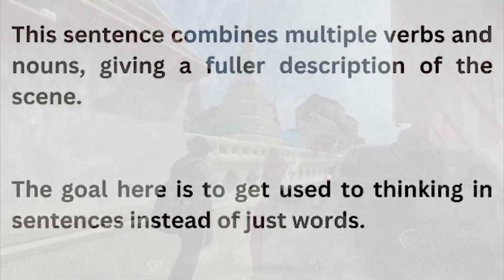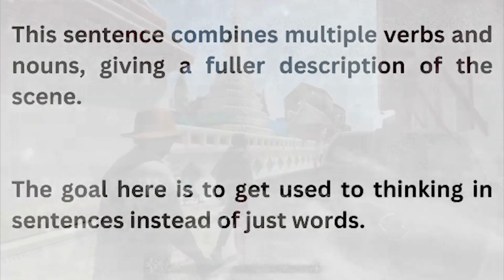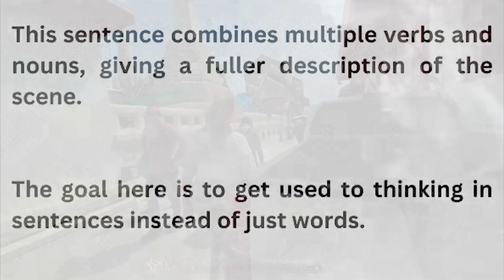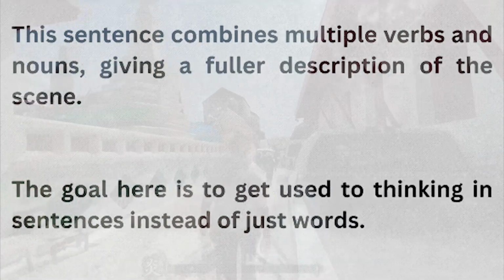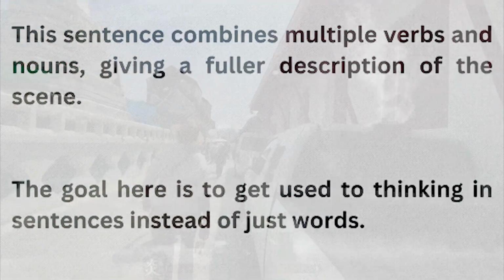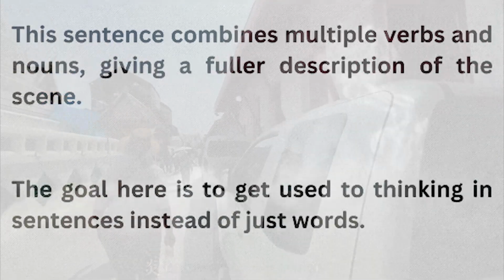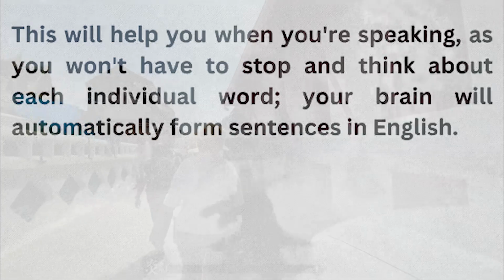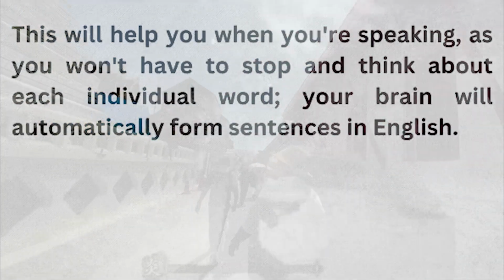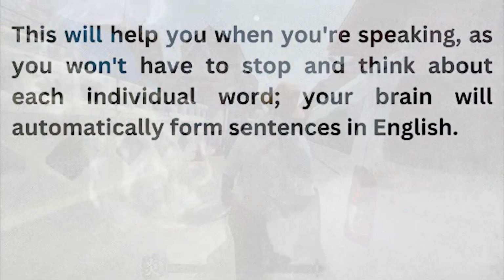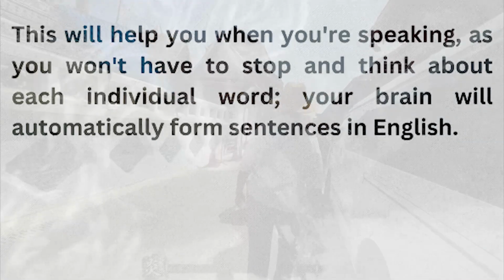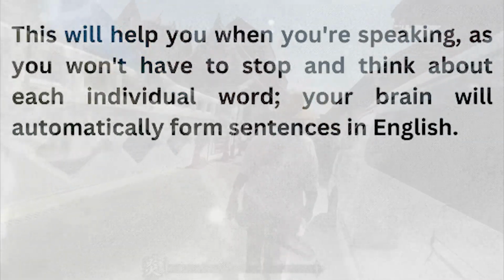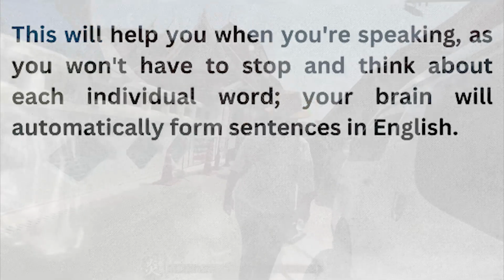This sentence combines multiple verbs and nouns, giving a fuller description of the scene. The goal here is to get used to thinking in sentences instead of just words. This will help you when you're speaking, as you won't have to stop and think about each individual word. Your brain will automatically form sentences in English.